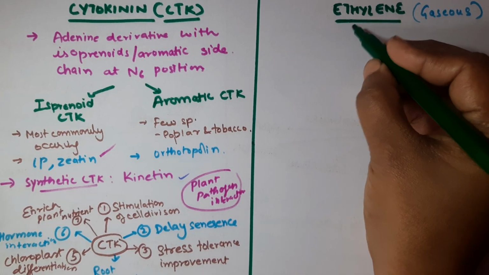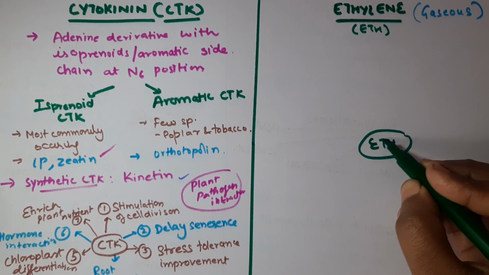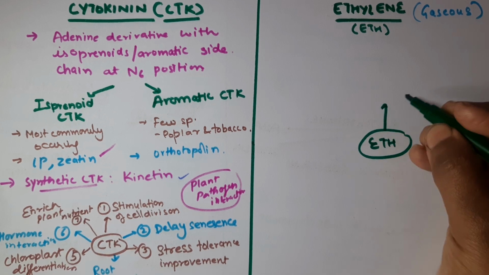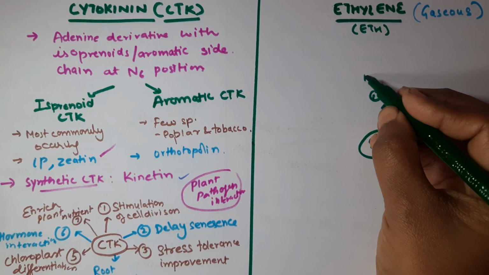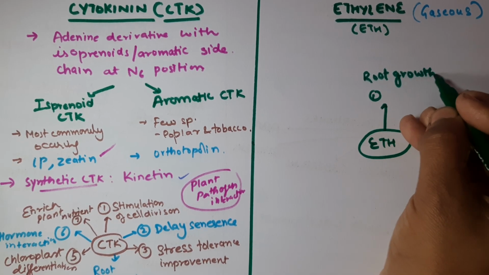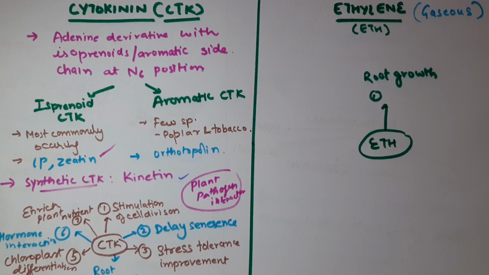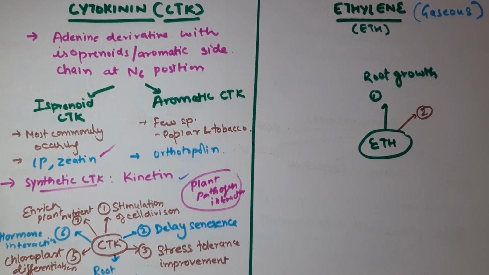I will abbreviate ethylene as ETH. The first role of ethylene is that it promotes root growth, and it also plays a role in the formation of root hair, which will increase the plant water and nutrient absorption. So it is very important for the plant.